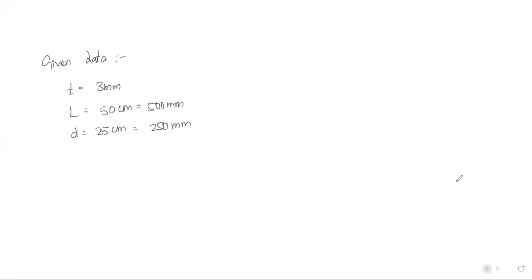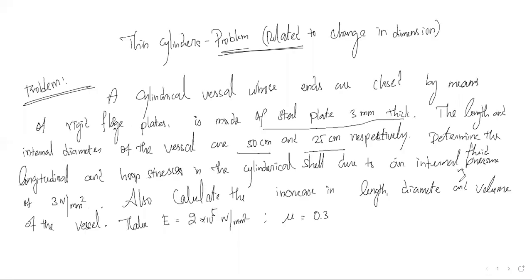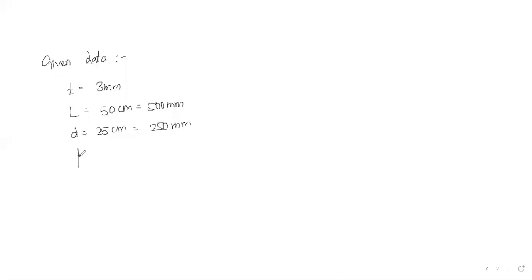Fluid pressure p is equal to 3 Newton per mm square, Young's modulus E is equal to 2 into 10 to the power 5 Newton per mm square, and Poisson ratio mu is equal to 0.3.